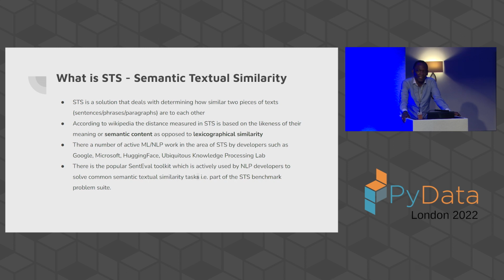Another thing that has been going on for a number of years in the research domain is this whole area called SemEval, where they look at a bunch of what they call STS benchmark problems. These are problems which involve things like question and answer type questions, where you have a question and answer.